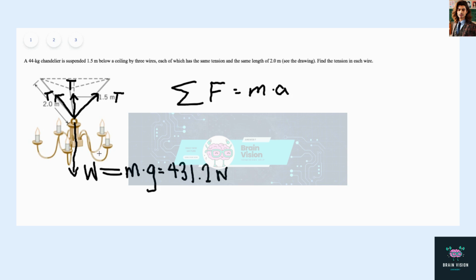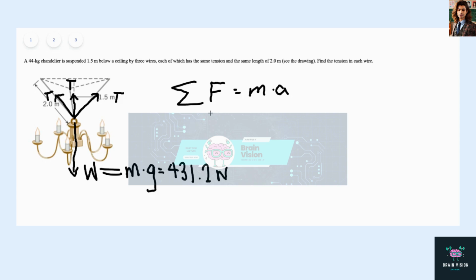Now I'm going to look at the vertical components because I know that this chandelier is in equilibrium, meaning its acceleration is no longer changing and it's 0. That will allow me to relate the vertical components of the tension force to the object's weight.